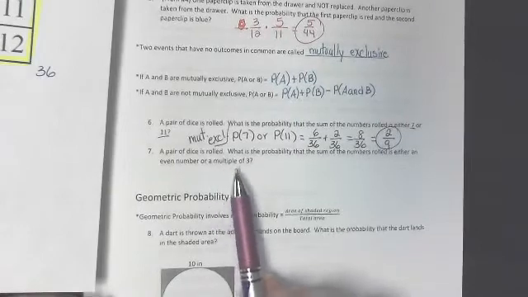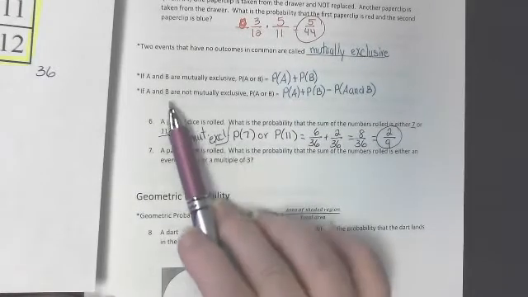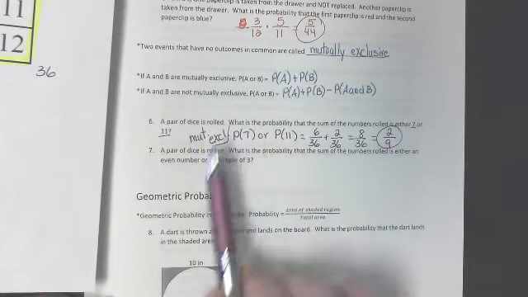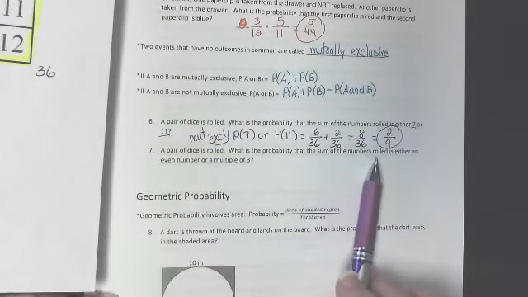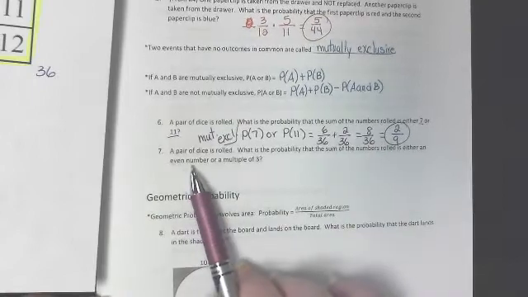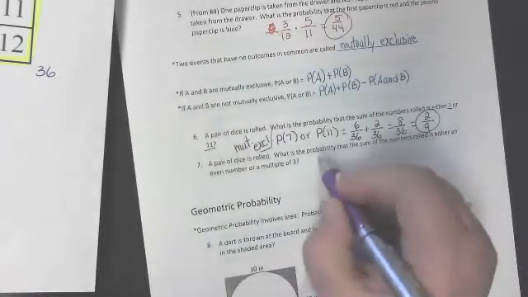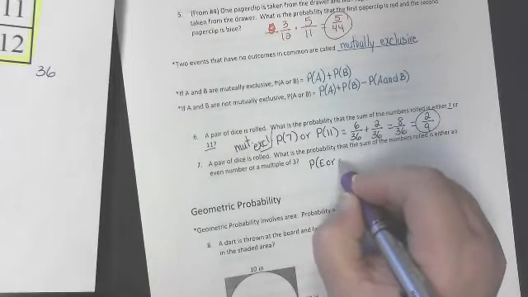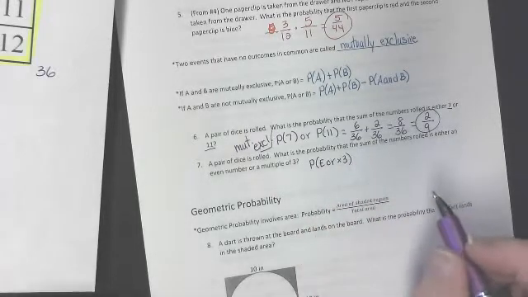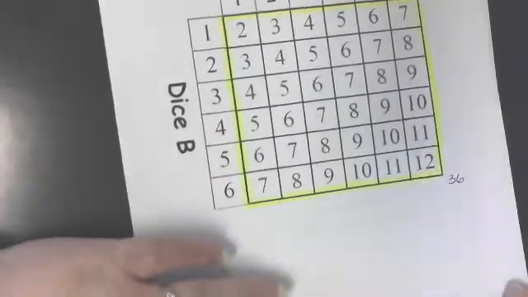Now, question 7 is going to give us an example that is not mutually exclusive. A pair of dice is rolled. What's the probability the sum of numbers rolled is either an even number or a multiple of 3? The probability that it's even or a multiple of 3. Well, let's look.